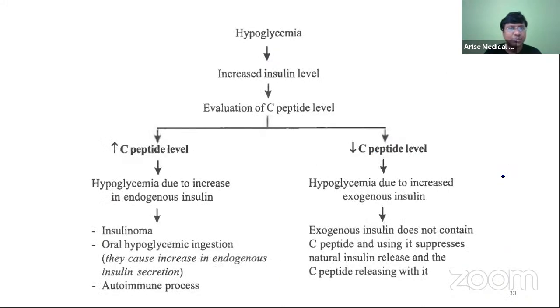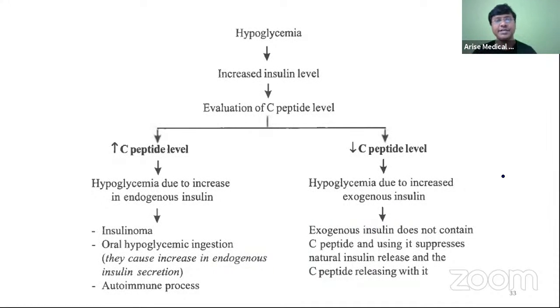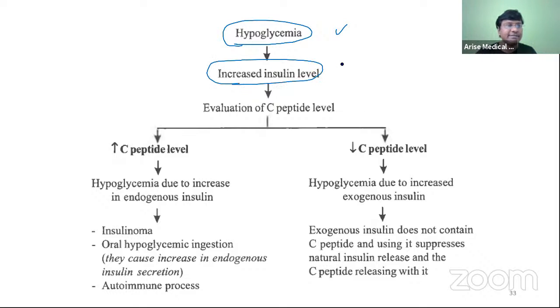Now, we will discuss one more question and then we will wind up. Okay, so before that, you see here, how to work up hypoglycemia. A patient has presented to you with a history of hypoglycemia and you have checked the insulin levels. You have noted that the insulin levels are increased. Once the insulin levels are increased, immediately check the C-peptide levels.